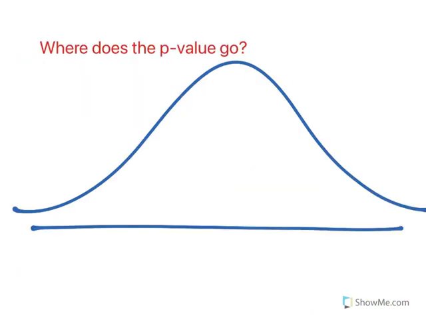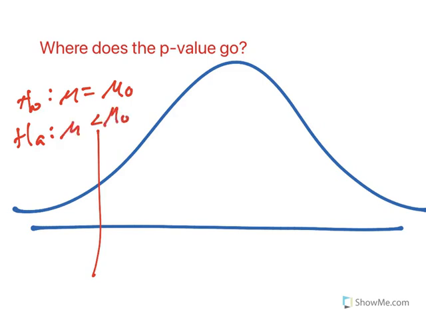Now, where does the p-value go? Hopefully, when you're doing your hypothesis testing, you're thinking about the normal distribution curve and you're thinking about left-tailed, right-tailed, or two-tailed. Well, first off, if we have a left-tailed test, thinking something like maybe our null hypothesis is equal and then our alternative hypothesis is less than, right?